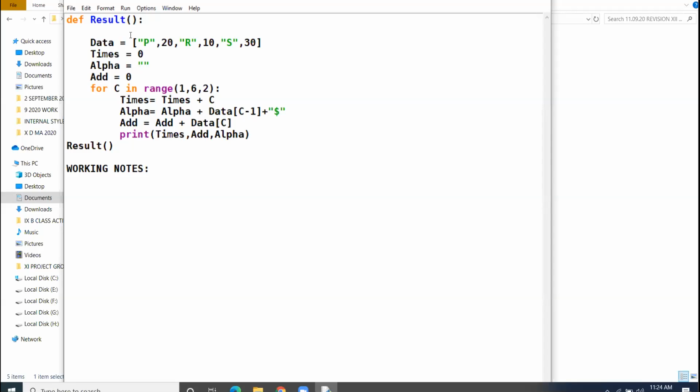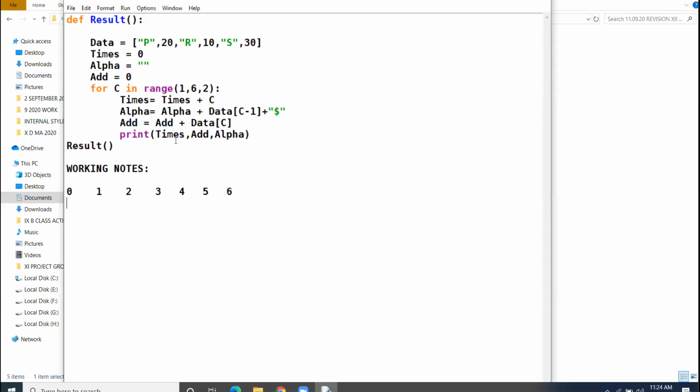When I enter this function body, I found one list with the name data. It is having the following values. I just give the indexing to each value so that we can start our question.